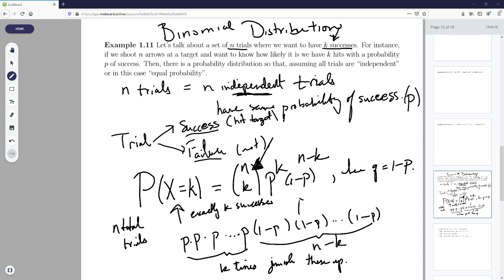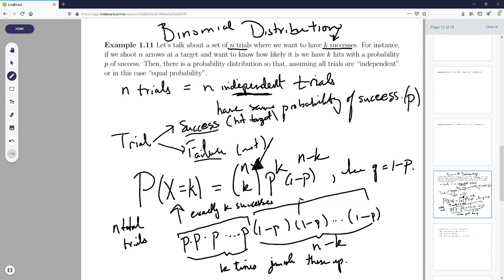Yeah, basically. What I've given them so far is that if you have K successes and n minus K failures, where P is the probability of success, then you get P K times and 1 minus P n minus K times for n total trials.